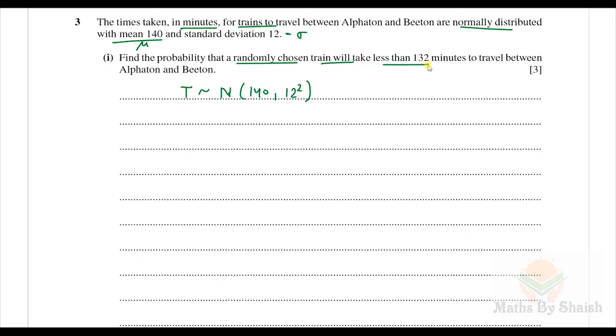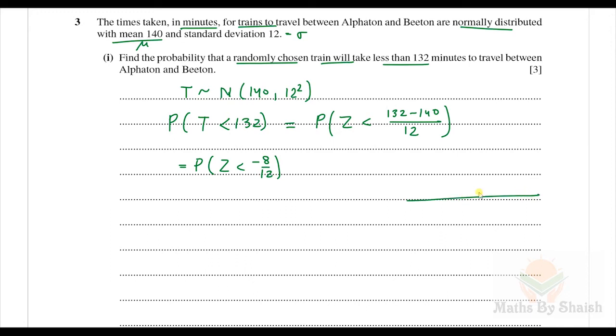It is in minutes, so we need to find the probability when t is less than 132. So in the standardized form it would be probability of z less than 132 minus 140 over sigma, that is 12. So it becomes probability of z less than minus 8 over 12.